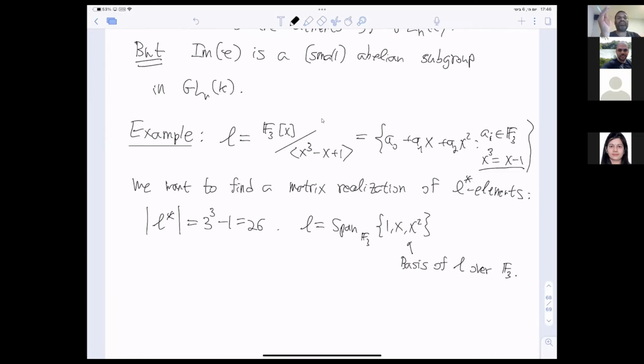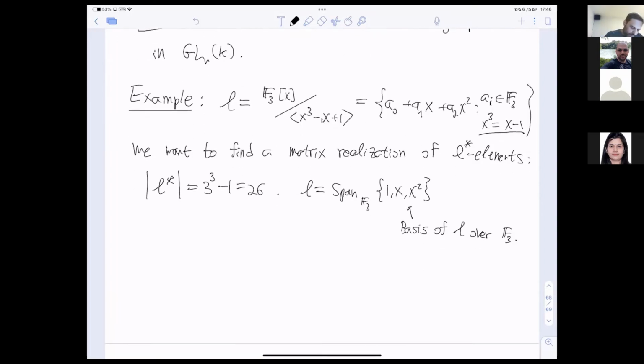So we only need to understand what is the action of the basis element on the general element. Remember that this is an automorphism of L, which we translate into a matrix, and then it is a homomorphism. I mean, it preserves the operation of L star.